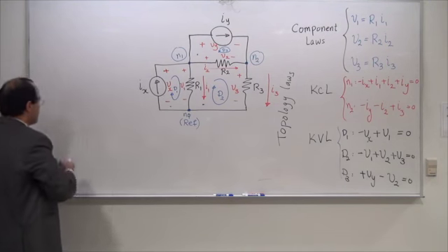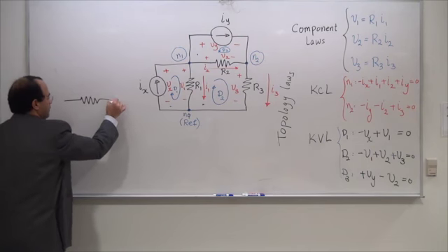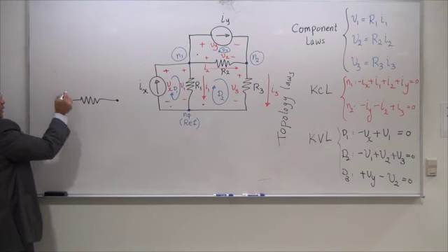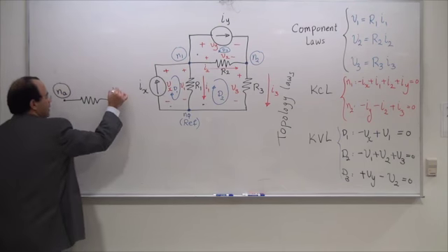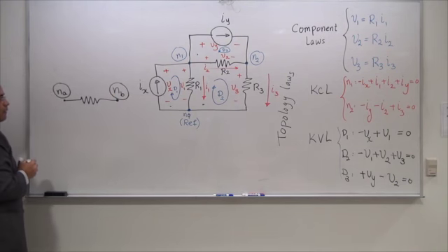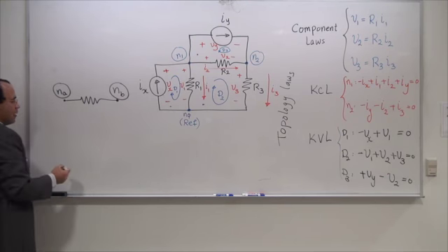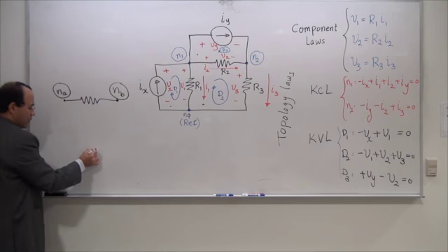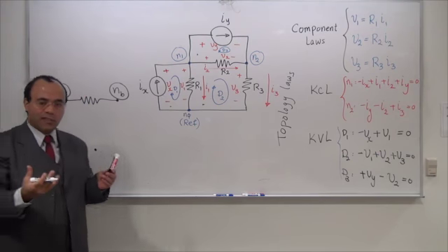Take a look at a single component, for example, a resistor. This resistor has 2 ends. One end I'm going to call node A. The other end I'm going to call node B. It's going to be connected to many other components, but I'm going to see if this component eventually goes into a loop.